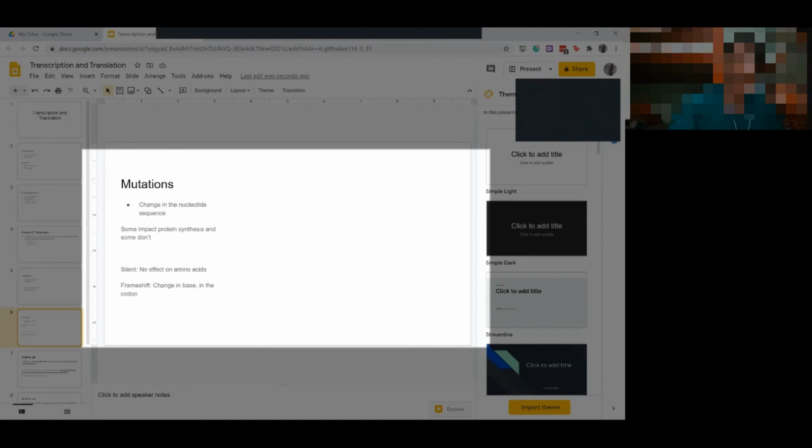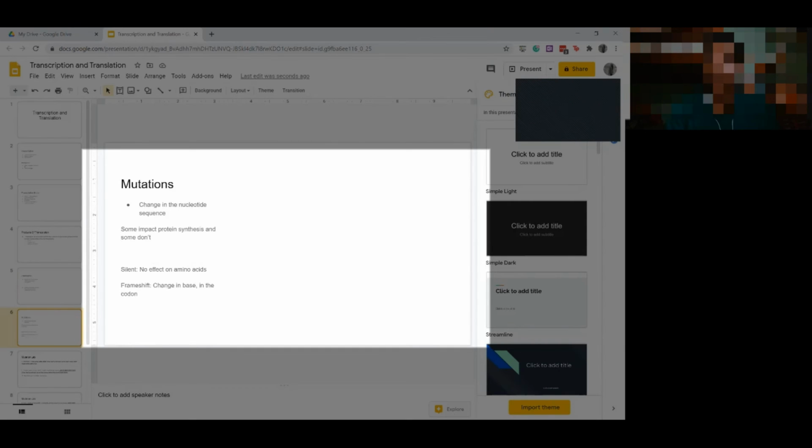And mutations are changes in the nucleotide sequence, and some mutations have an impact and some don't. Those are called silent. And some are heritable, meaning they can pass from mom to child or dad to child. And these are usually mutations that occur in germ cells or in gametes. And then other mutations, I believe most mutations, I'm not sure if it's most, but mutations like cancer, they're not heritable.